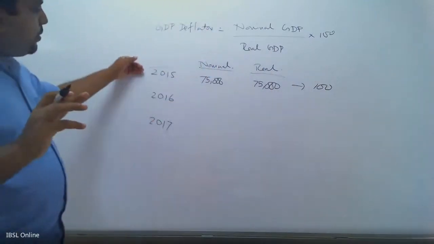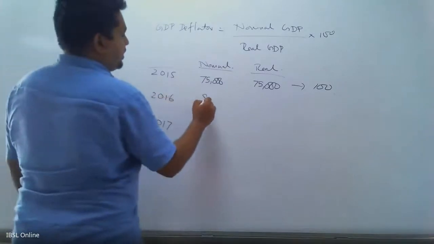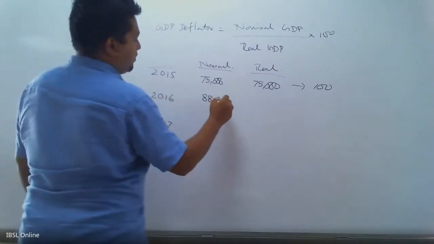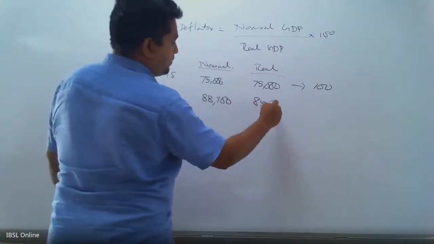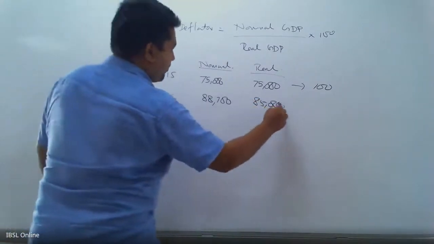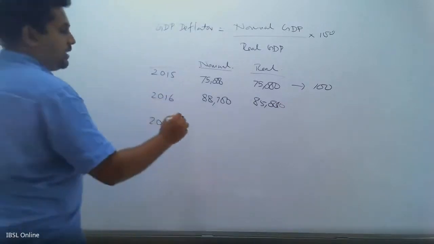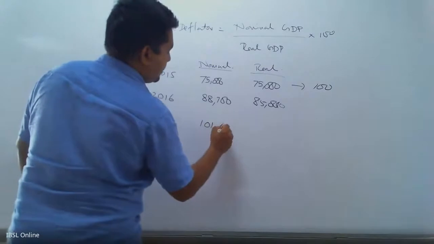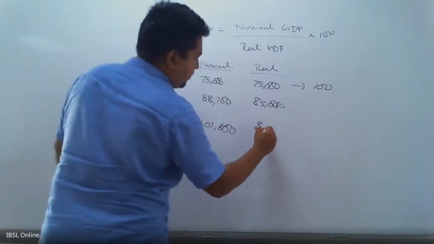And from this point onwards, I'm going to calculate the rest. Let's say I put up 88,700 here and 85,000 here. And in 2017 also, I'll put up 101,600 and 88,000.